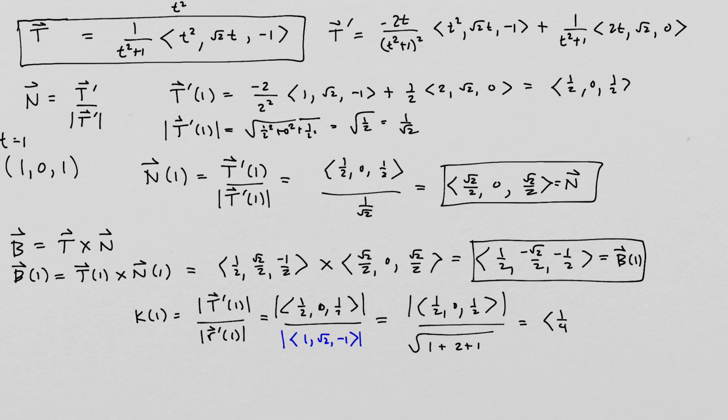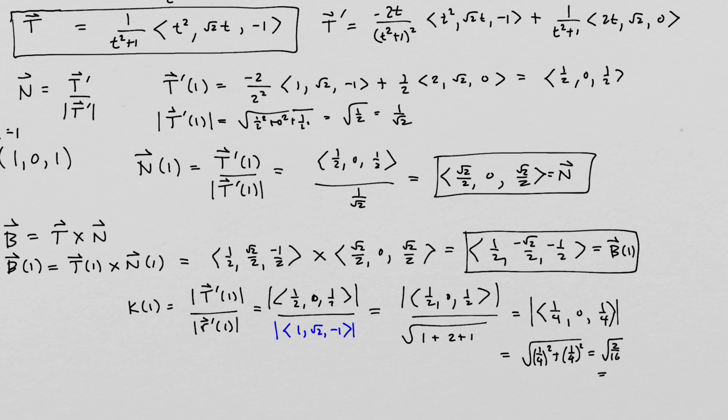And so what we should have here, forgot my magnitude there, we should have the magnitude of the vector 1/4, 0, 1/4. And that is the square root of 1/4 squared plus 1/4 squared, which is the square root of 2 over 16, or radical 2 over 4.